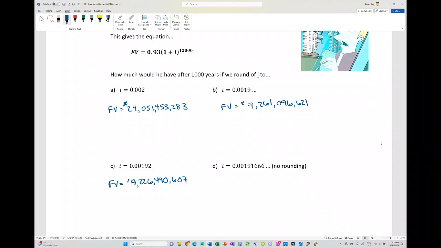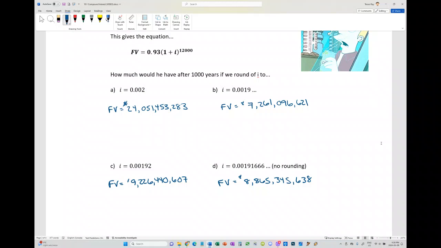And if we keep it exact, and when I say exact, I mean I just put the original number in my calculator and didn't round it off, we get the most accurate answer, which is closest to the true answer that we'd have, which is 8,865,345,638. Okay, which is not a big deal, but it is still almost $400 million less than the answer I get with 3 significant digits.